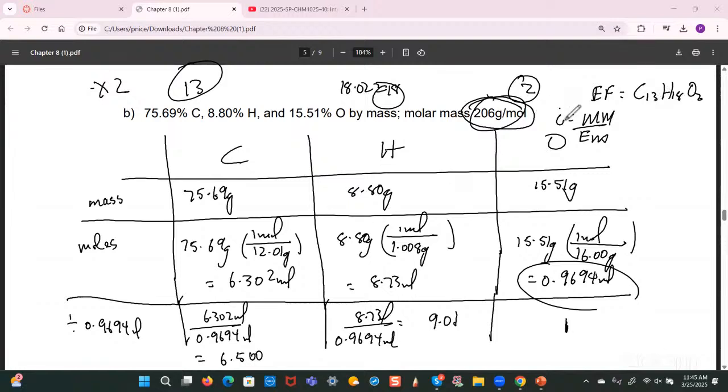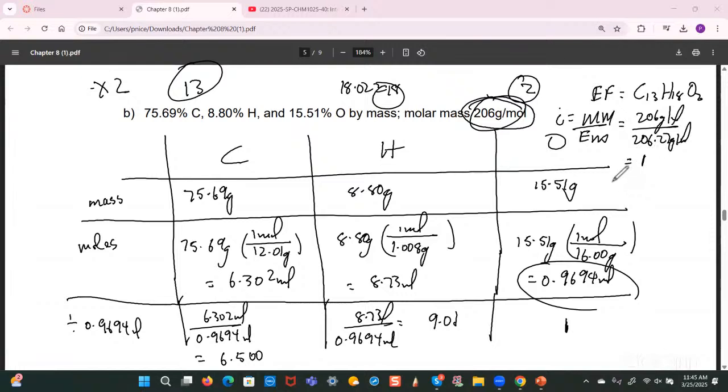And the mass, rounded off to 2 decimal places, is 206.27 grams per mole. The molar mass is given as 206 grams per mole, and the empirical mass is 206.27 grams per mole. So guess what? i is equal to 1.